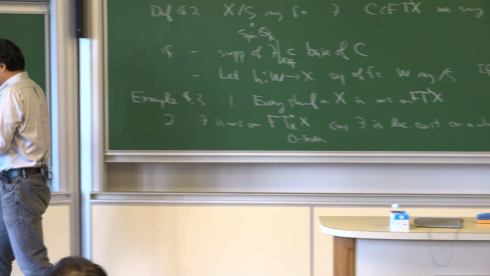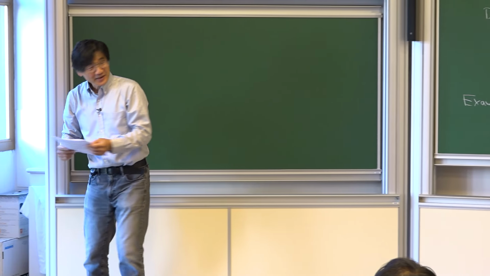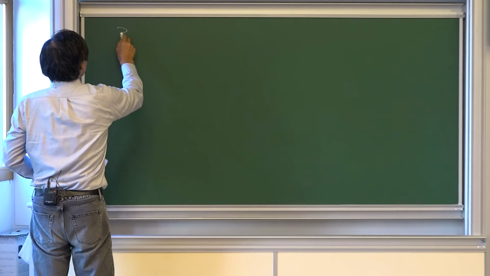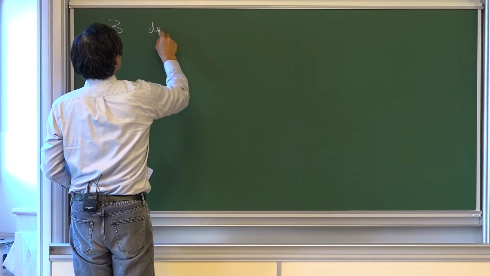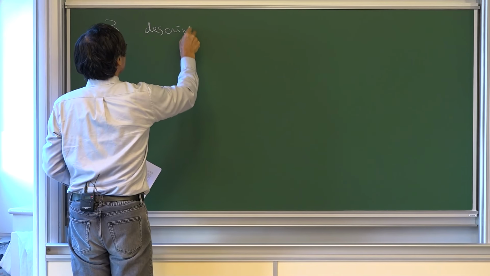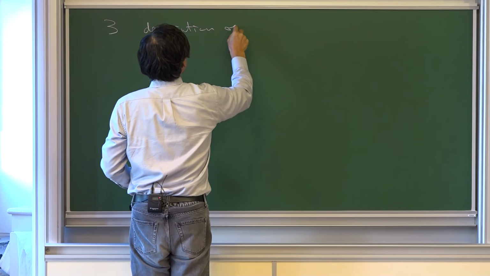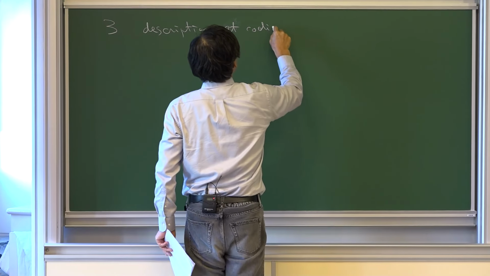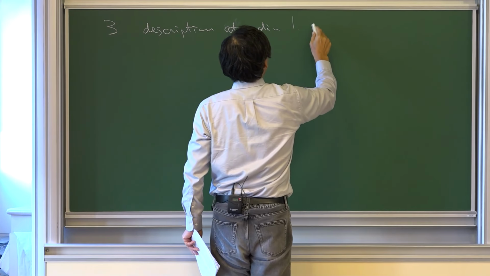Okay, and this is a basic question, and I can go further. So the next question is description at codimension 1, generic point.